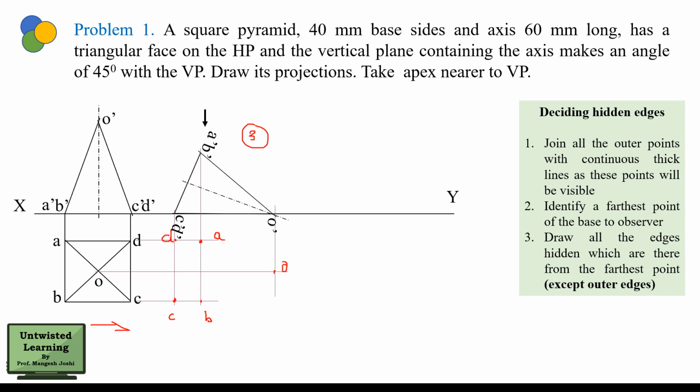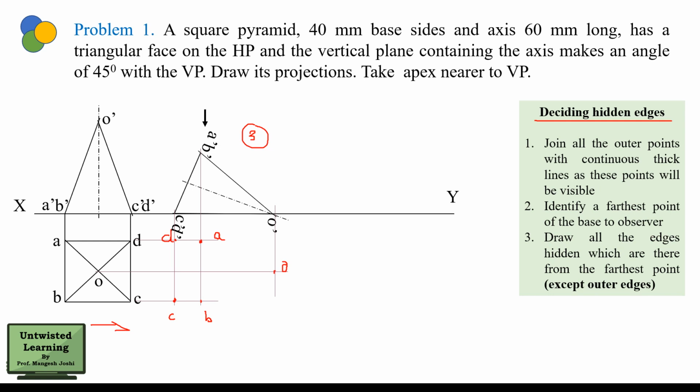Now it is a solid, right? It will have length, width and height. So in order to decide the hidden edges, there is a procedure. You will see some of the edges and you will not see some of the edges.